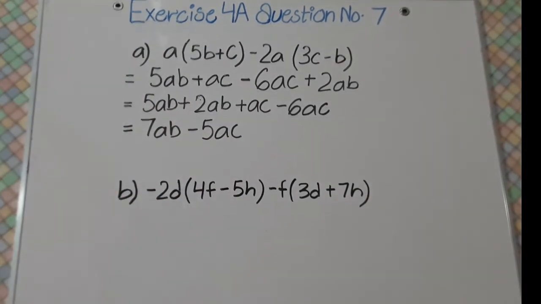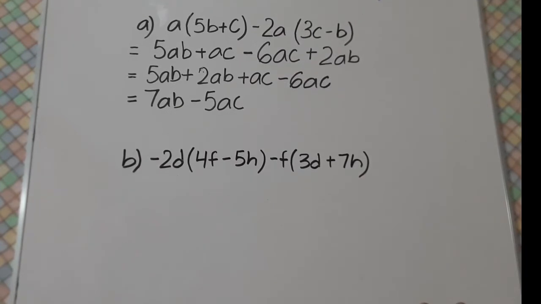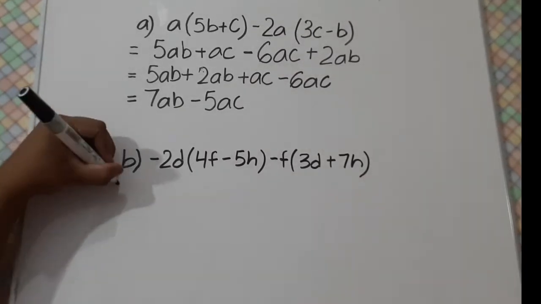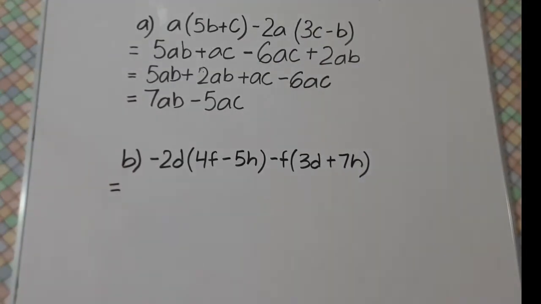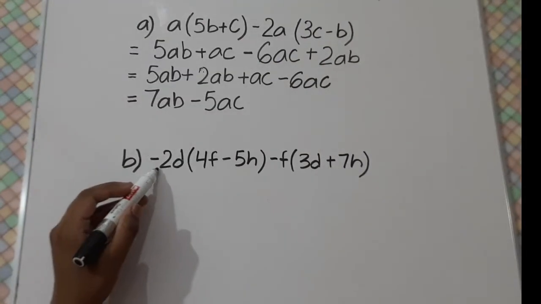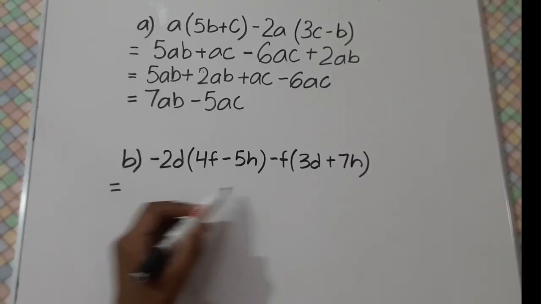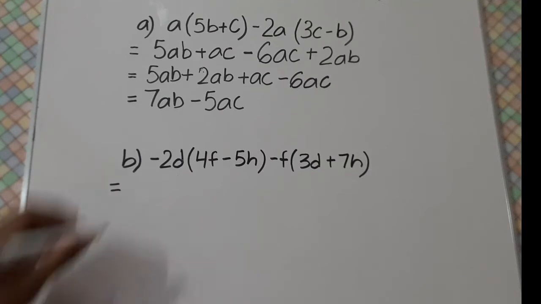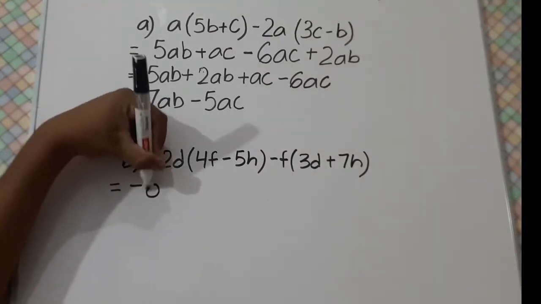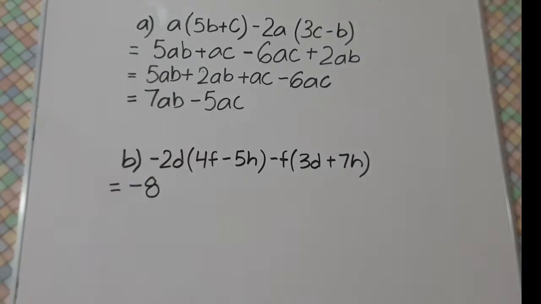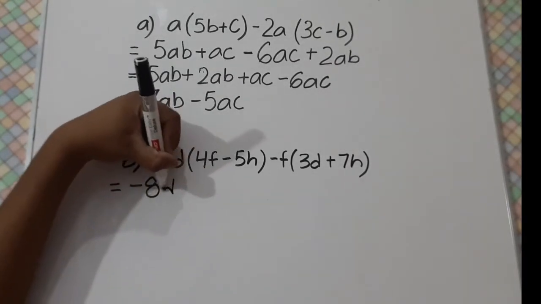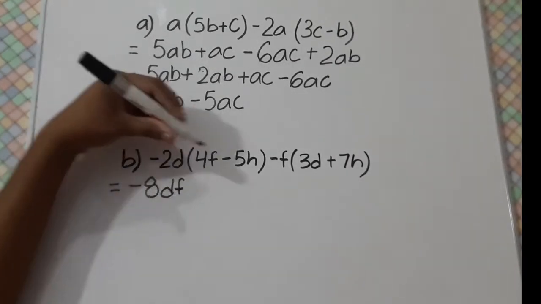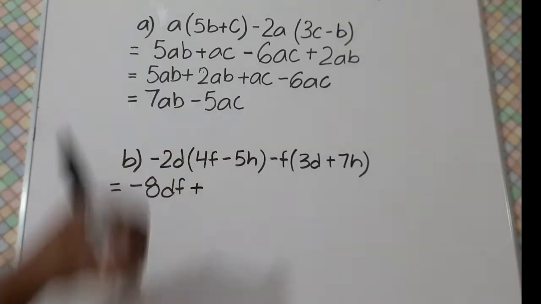Now we have part B also over here. In part B we are going to do the same thing as we have done in the previous part. So minus 2D would be multiplied with this bracket and then minus F with this bracket. 2 multiplied by 4 is 8, and minus, so minus 8. D multiplied by F would be DF. Then minus minus is plus.